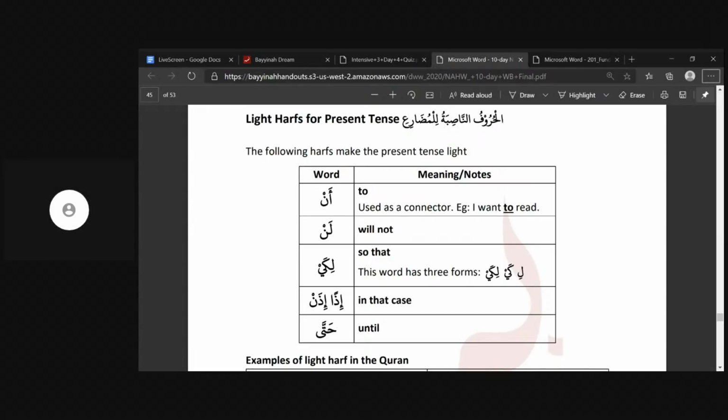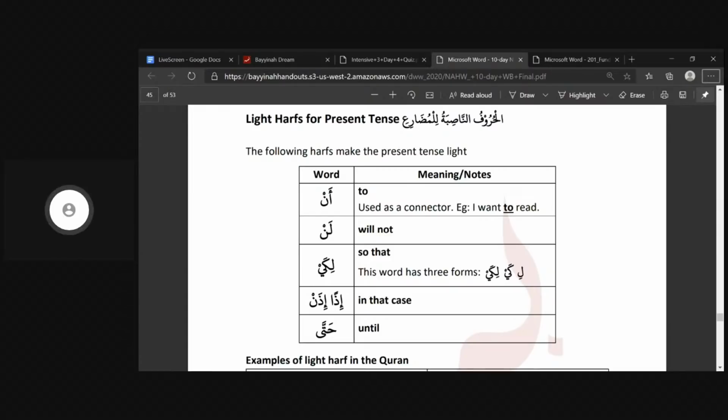Just like for isms, we had rafa', nasab, and jar, and we said that the normal is rafa', then we have reasons for making it nasab, and we have reasons for making it jar. We have the harf nasab to make it nasab, and we have the harf jar to make it jar. In present tense fi'ls, we have a similar concept. We have normal, then we have the harf light to make it light, and we have the harf lightest to make it lightest.